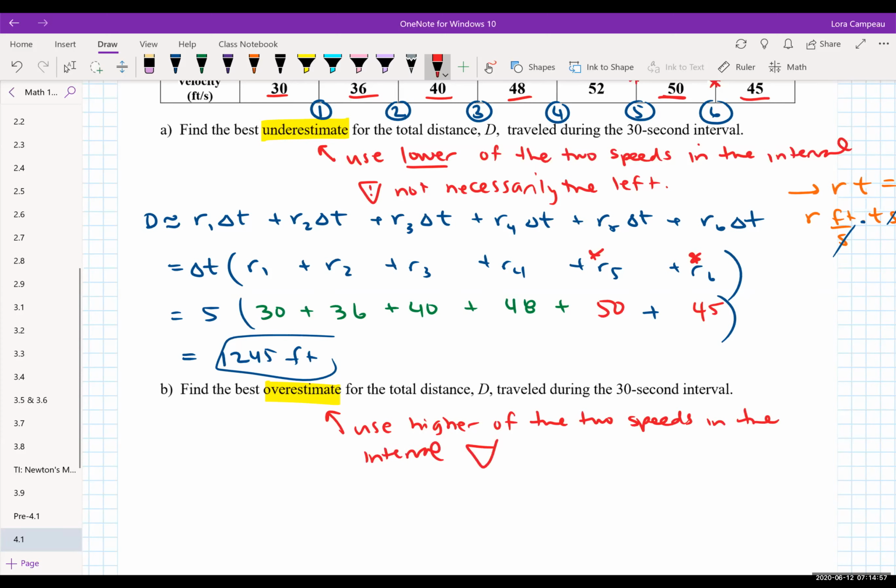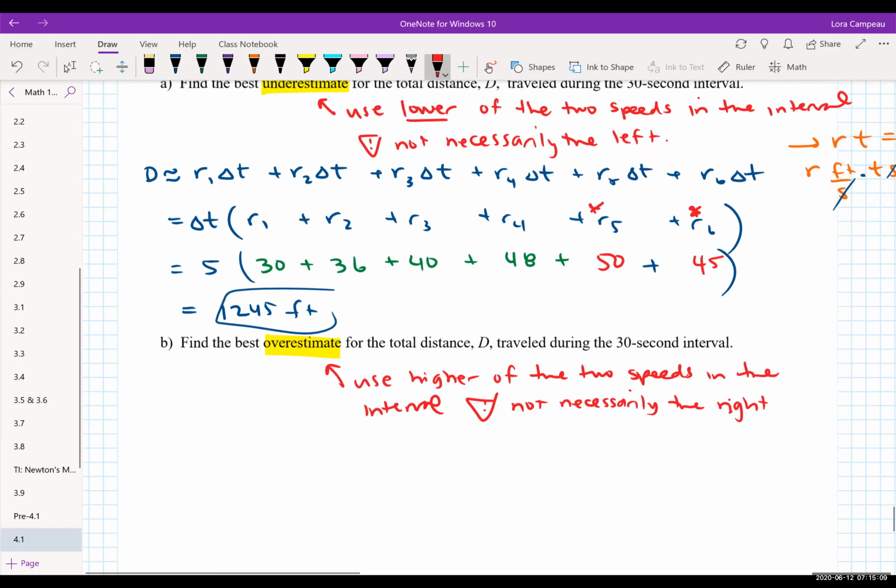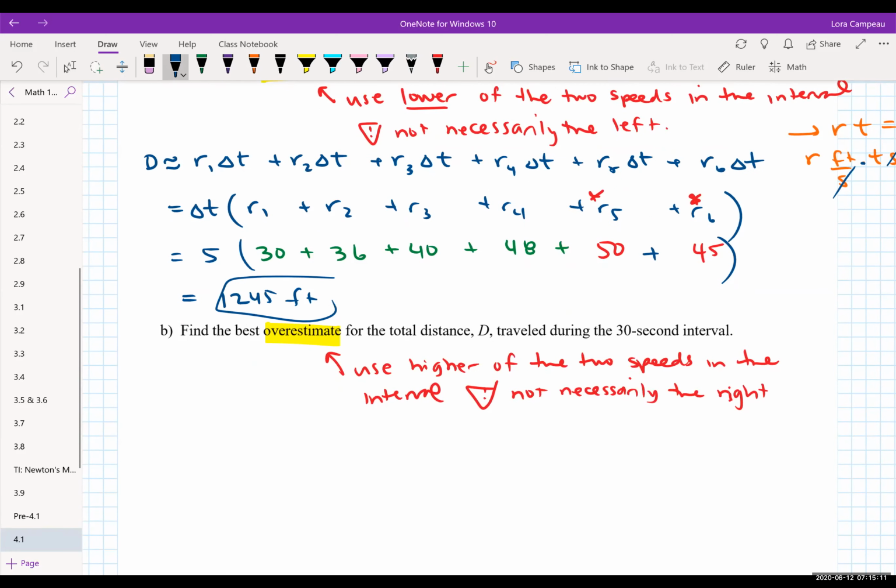And it's not necessarily just the right-hand side. So distance is still calculated by the length times the width of everything. So we can still go with our formula. If we factor delta t out, that's the base.